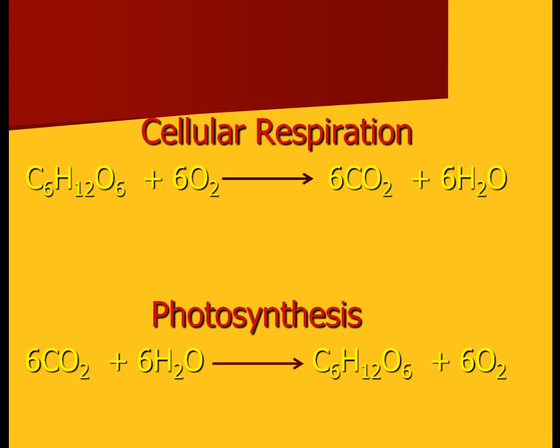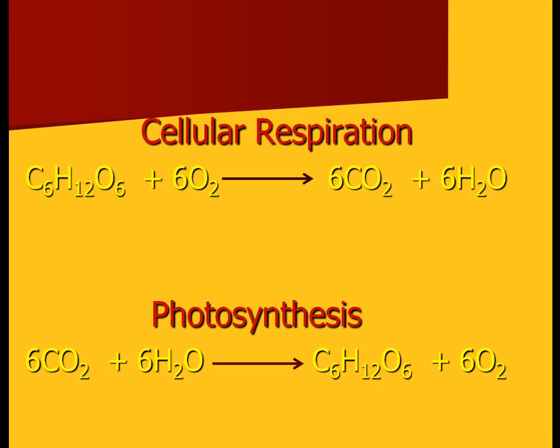Cellular respiration is a catabolic reaction. It is exergonic in the release of all this energy. Photosynthesis is an endergonic reaction. It is anabolic because it stores energy in the form of the glucose molecule.